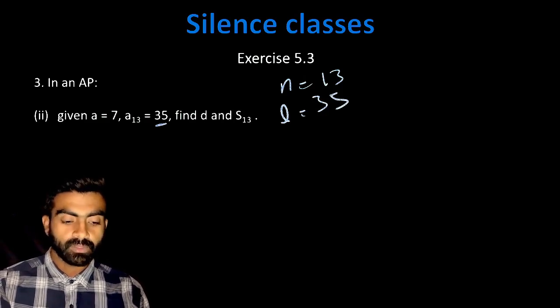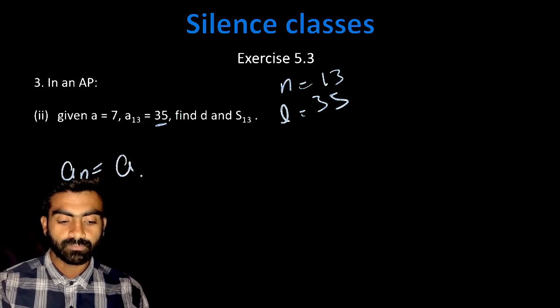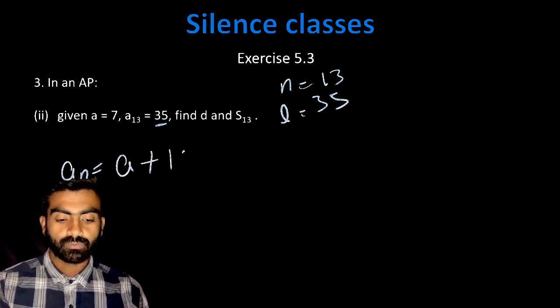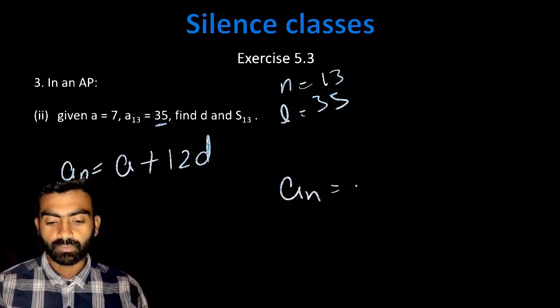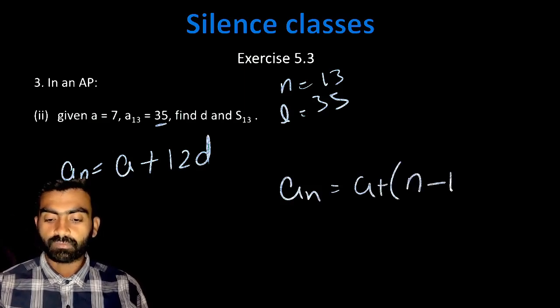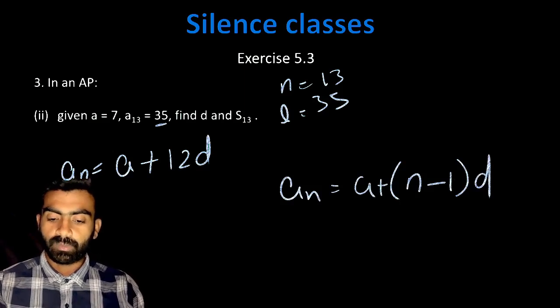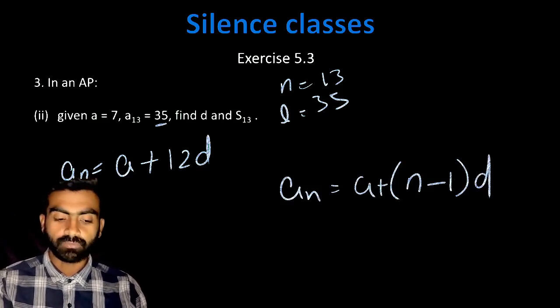We use the formula an = a + 12d. How have we derived this particular formula? From an = a + (n - 1)d. By this formula we derive this, so we can directly put it.